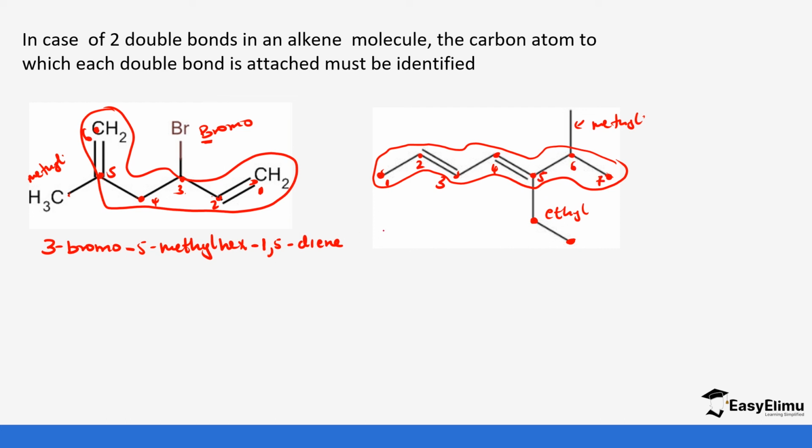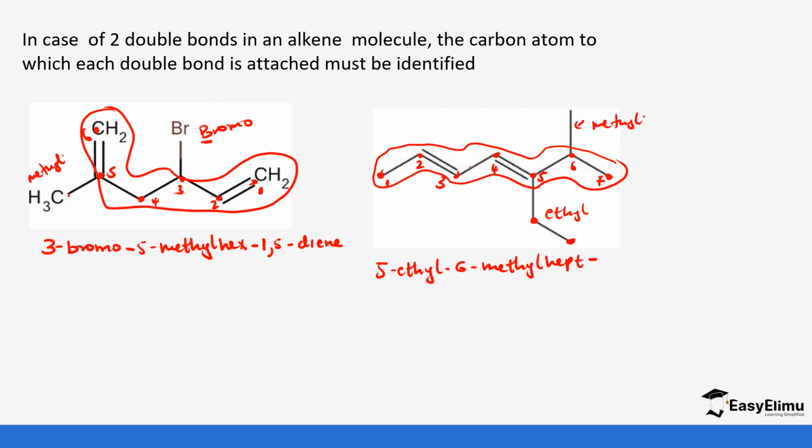So the ethyl begins in naming because of the alphabetical order. So it's 5-ethyl. And then we have a methyl at number 6, 6-methyl. The parent name has 7 carbons, so it tells you that it's heptene, so it's hept.